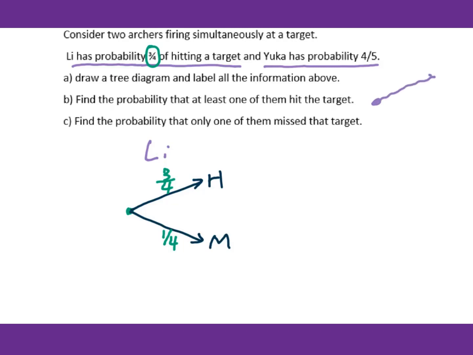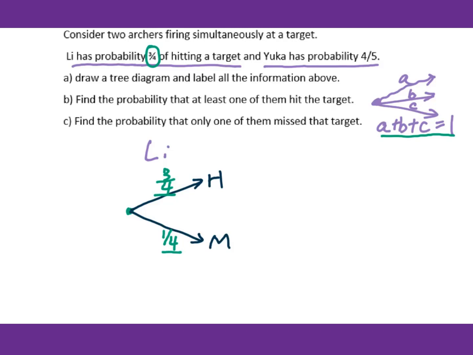From one point, you have a lot of branches. For example, you have A, B, C. Then A plus B plus C equals 1. This is a very important probability for tree diagram. The IB exam tests this a lot. You can check here. 3/4 add 1/4, you get 1.